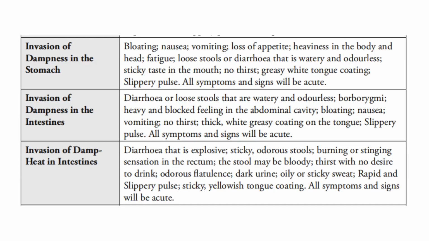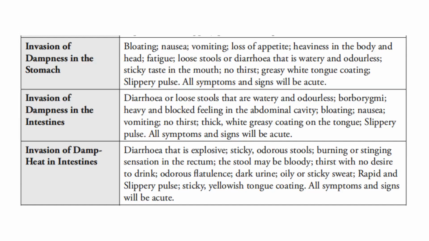For invasion of dampness in the intestines, the diarrhea or loose stools would be watery and odorless. There will be borborygmi, heavy and full feeling in the abdominal cavity, bloating, nausea, vomiting, no thirst, thick white greasy coating on the tongue, slippery pulse. All symptoms and signs will be acute.